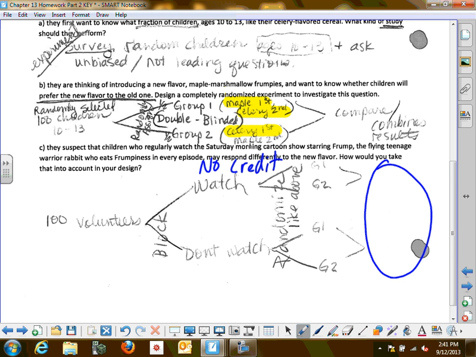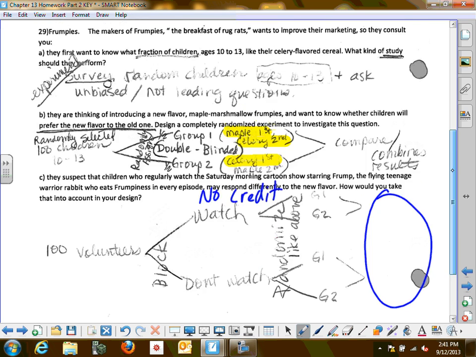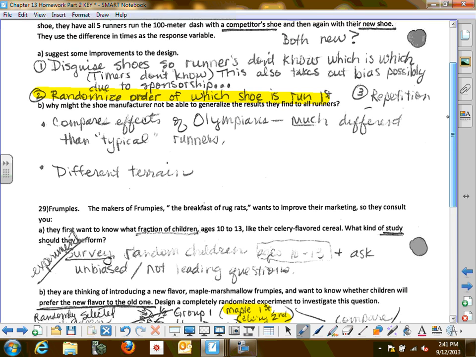So that one might be much more exciting to you than if you already had a chip, took a sip of water, and now I'm going to taste this other one. That's not as much of a response of flavor because you kind of already have some of the other flavor in your mouth. So which one you take first could be affecting your decision. Things matter which comes first. It matters which running shoes they run with first.